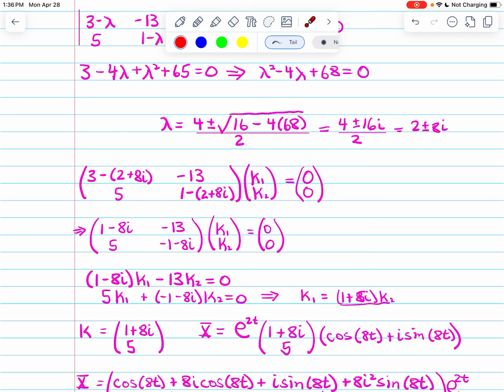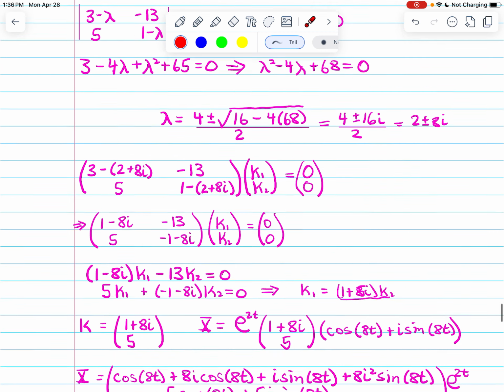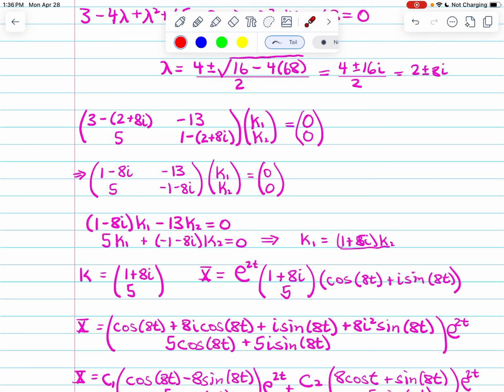Then I multiply and get my equations. I go ahead and multiply this out: 1 minus 8i times k1 minus 13k2, and 5k1 plus the -1 minus 8i times k2. Okay, so I get this. Now, here's what I'm going to do. As usual, I'm going to pick one of these equations and play my little game here. I solve for k1.